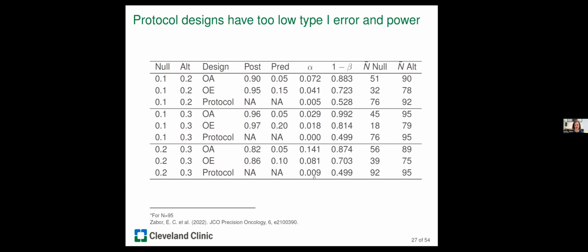The type 1 error is below 0.1 in all 3 combinations of null and alternative, and the power is just around 50%. And they also have higher sample sizes. So across all of these different measures of type 1 error, power, and sample sizes, both the optimal efficiency and the optimal accuracy designs do better, but the optimal efficiency design has even better characteristics than the optimal accuracy design in this case.